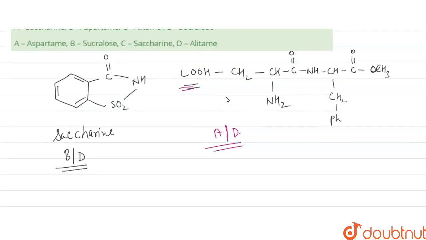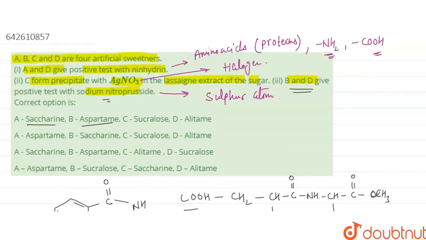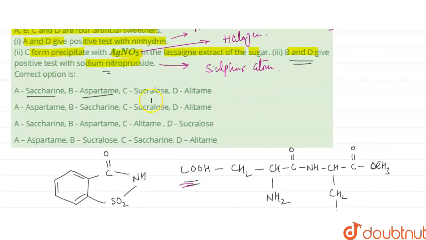Now it is given that B and D will give positive test with sodium nitroprusside.